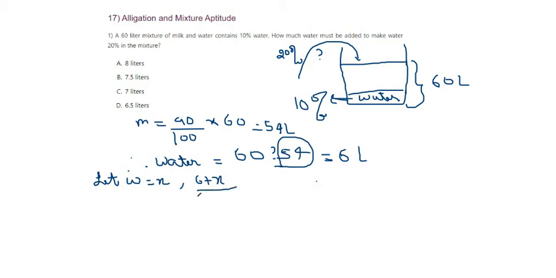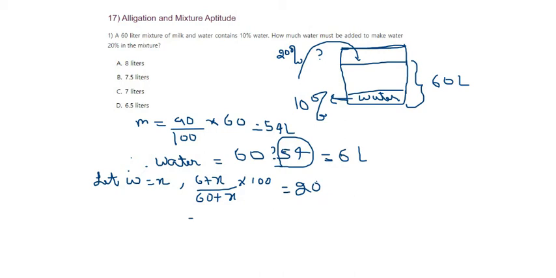So we have 6 plus x by 60 plus x, all in liters, into 100, which is equal to 20.